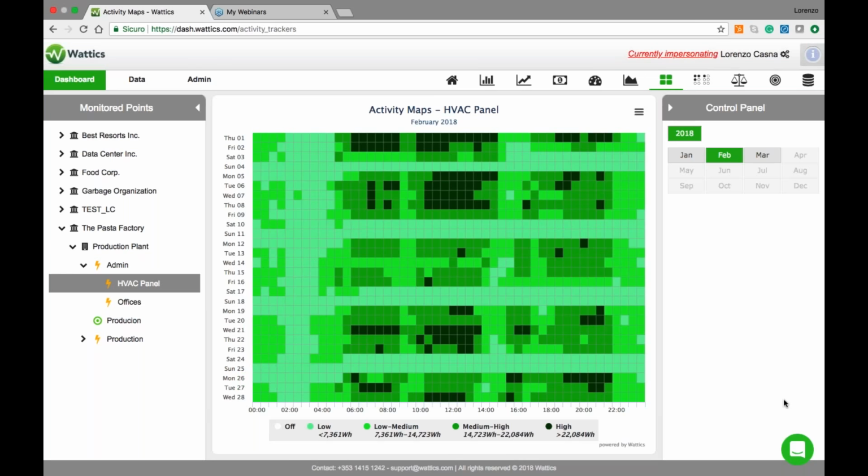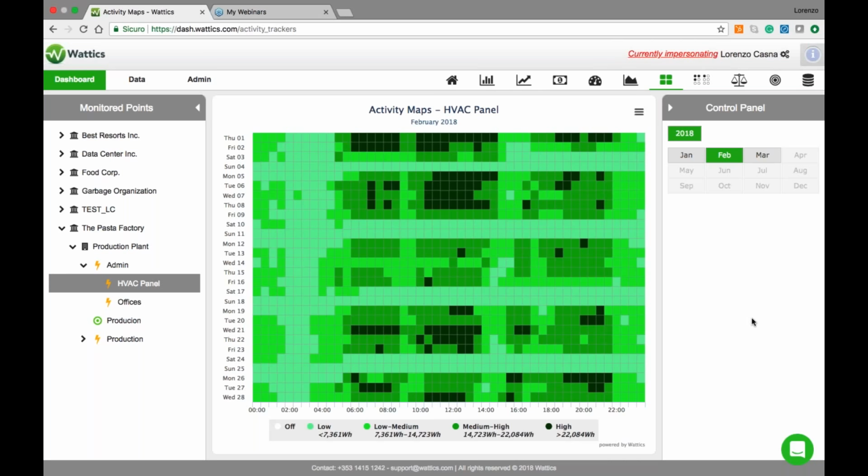What we can do with this tool is, first of all, check if we can find some patterns in the energy consumption registered by the ammeter. Then we can check if the energy consumption is in line with, for example, working days, with opening time, and with the production data that we have.